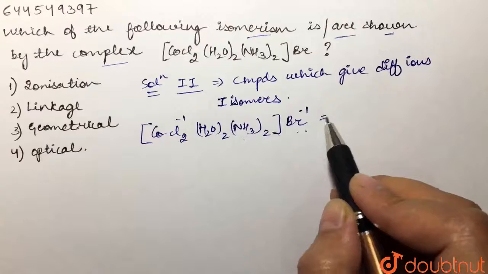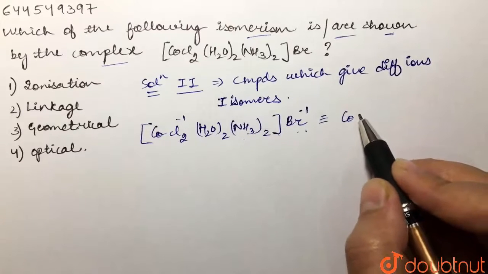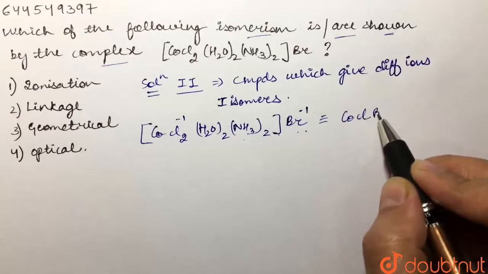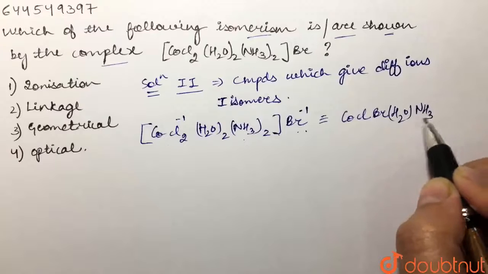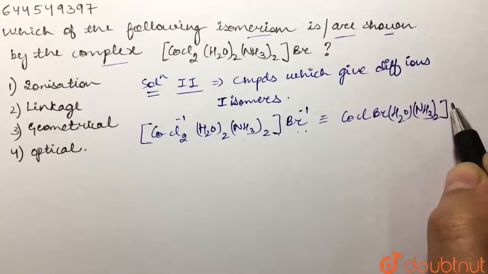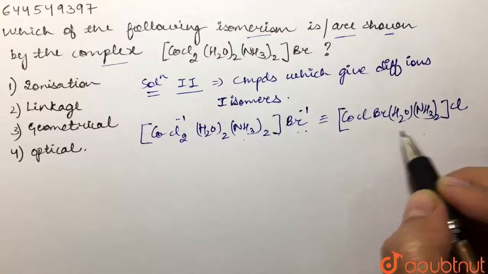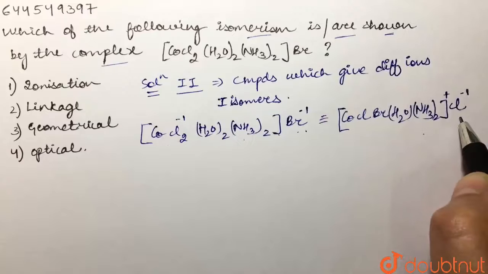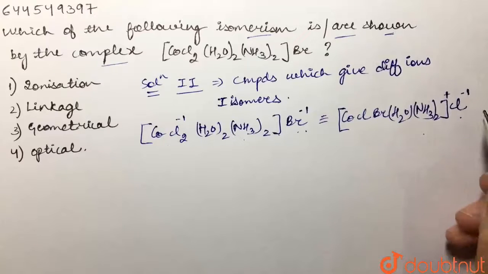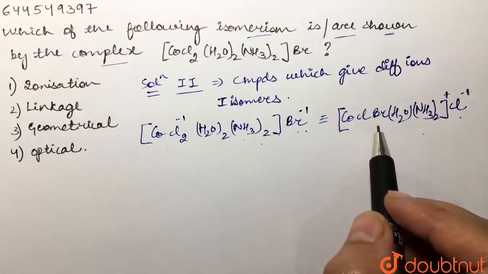Hence the ionization isomer that we're going to have is [CoClBr(H2O)2(NH3)2]Cl, with 1 chlorine outside. In this case, we get the coordination sphere as one ion and chloride as the second ion, so we have different ions in these two cases.